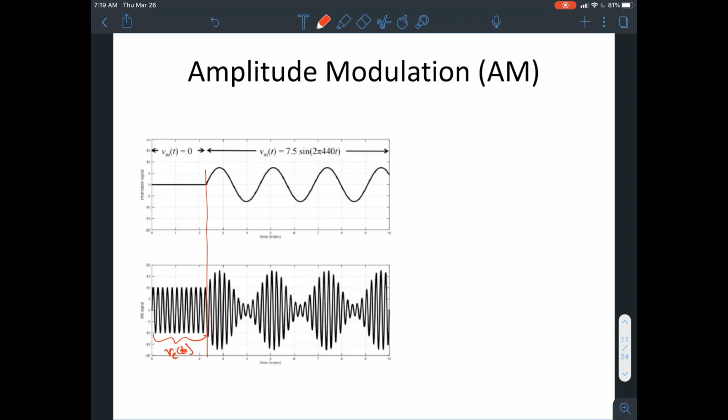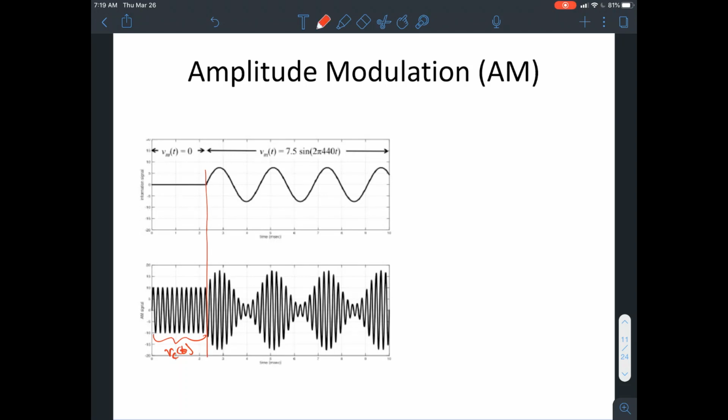However, as soon as we have activity in the information signal, we see this modulation to the amplitude. And this effect is based on multiplying our carrier signal by the value of our information signal.